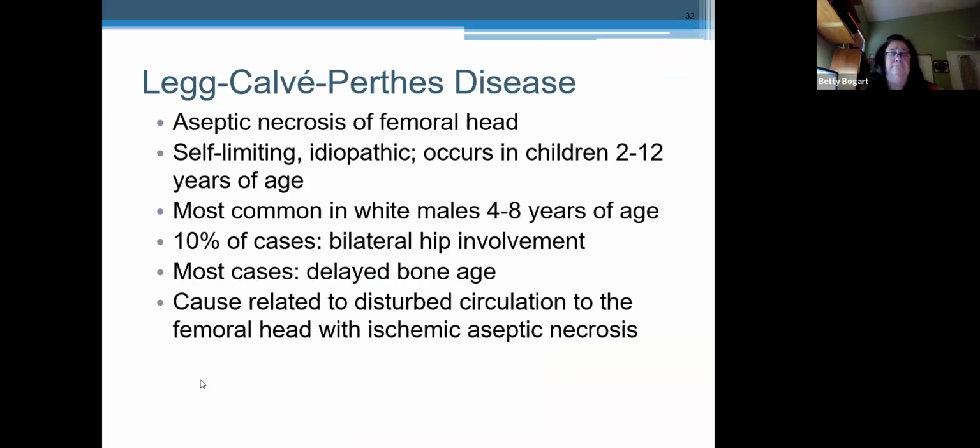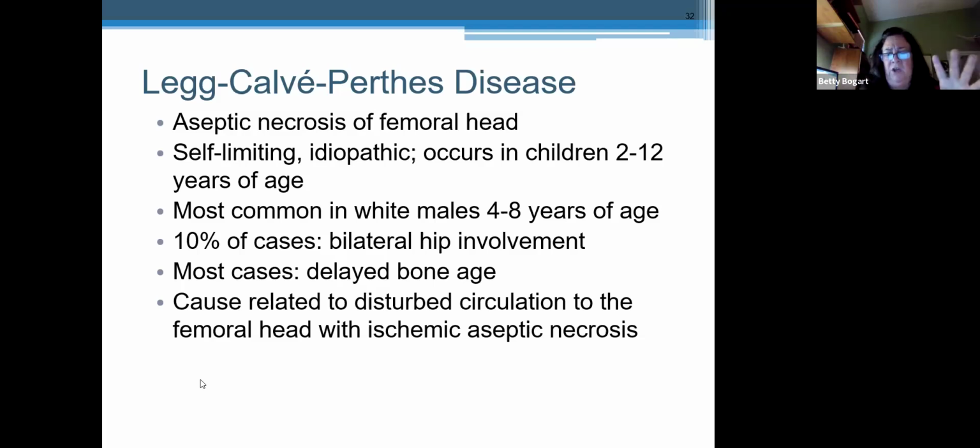Legg-Calvé-Perthes disease. This is a hip problem where it's an aseptic necrosis. What's that? It means no infection and the femoral head is dying. Necrosis. What happens? Well, all of a sudden this child's going to start limping, and they're going to say, what's going on here? Usually it's just one hip.